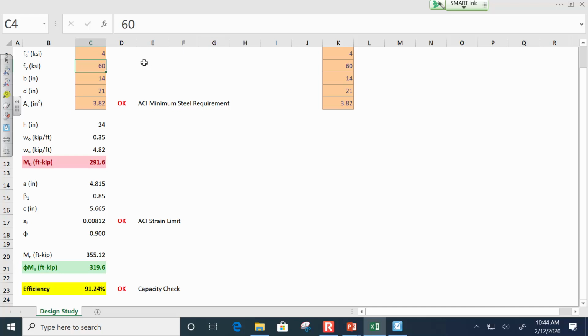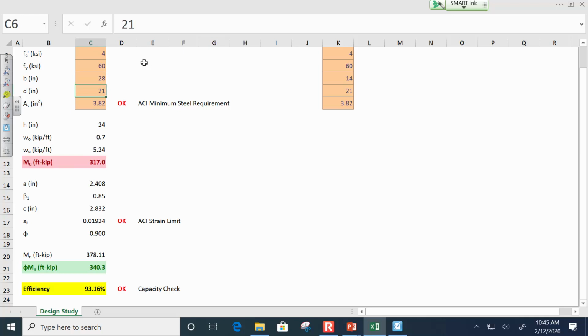Okay, let's take B and instead of 14, let's make it 28. Now what happened? Actually, hold on, wait. Let's make that 21. Okay, so originally this was 14, that was 21. Let's make the beam twice as wide and let's make it 28.